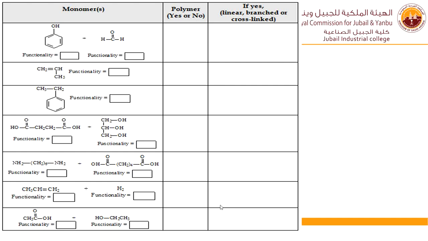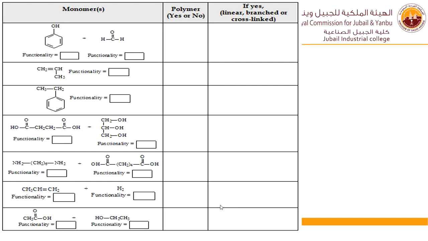The last category is the special case, and I gave you only 3 examples: phenol, formaldehyde, and phosgene. Phenol has functionality equal to 3, formaldehyde has functionality equal to 2, and phosgene has functionality equal to 2. You need to remember these.